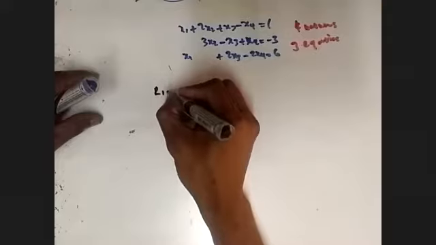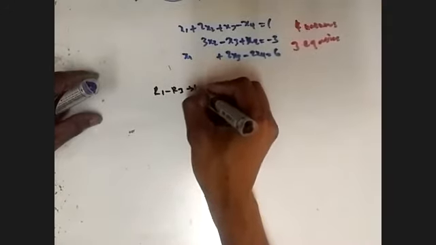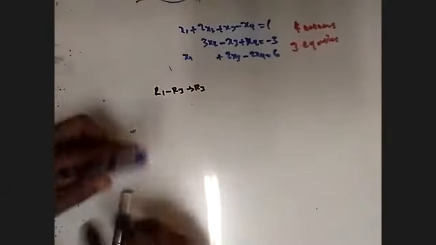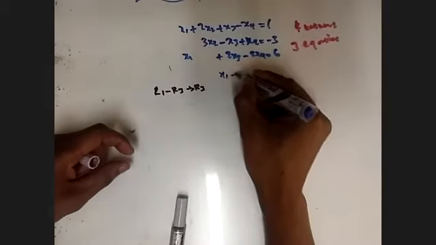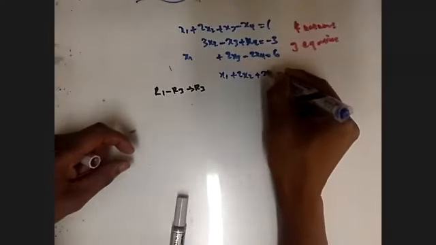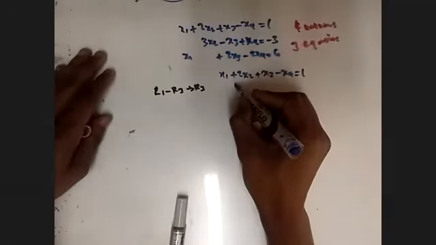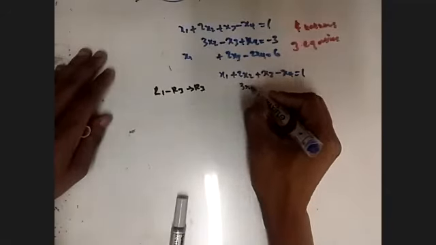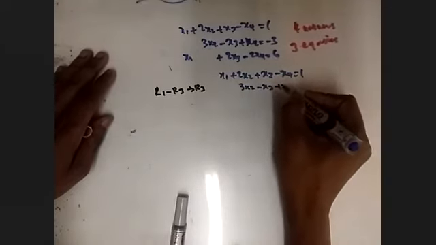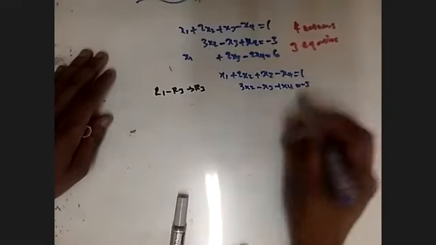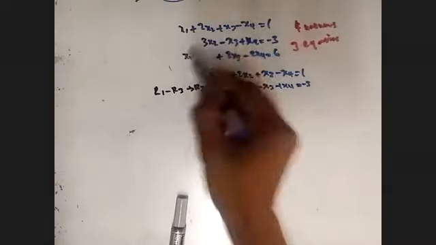So I have x1 plus 2x2 plus x3 minus x4 equals 1, and this minus that, 3x2 minus x3 plus x4 equals -3.